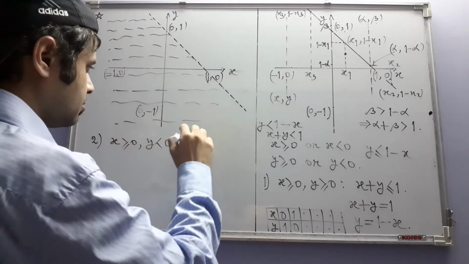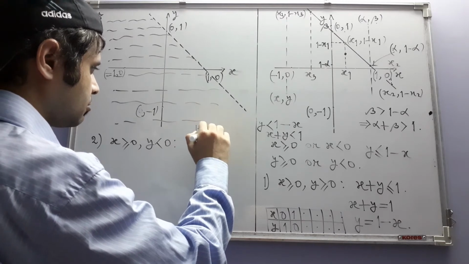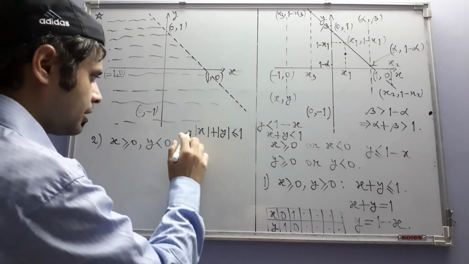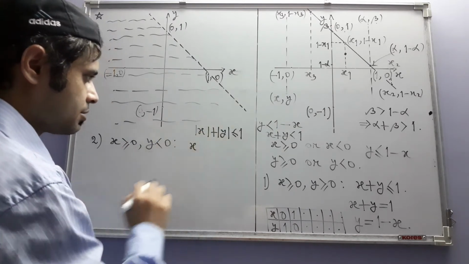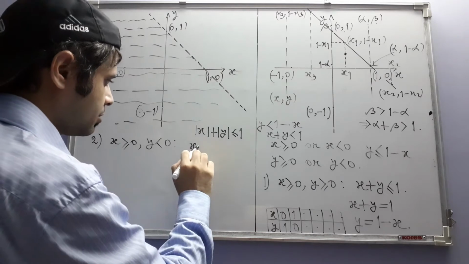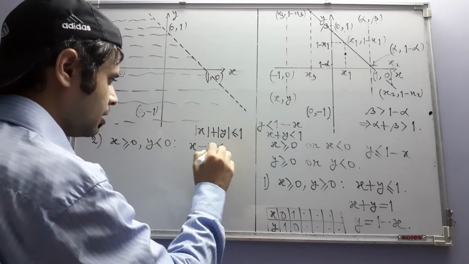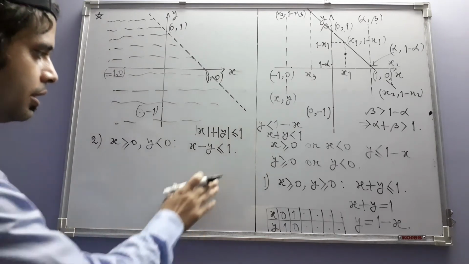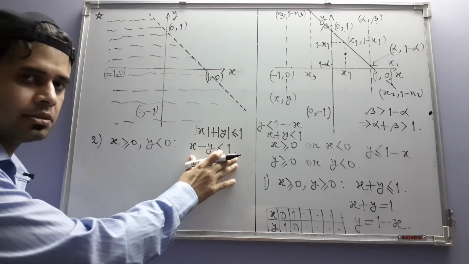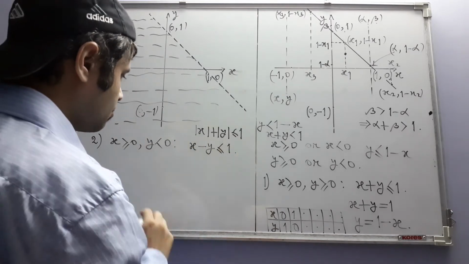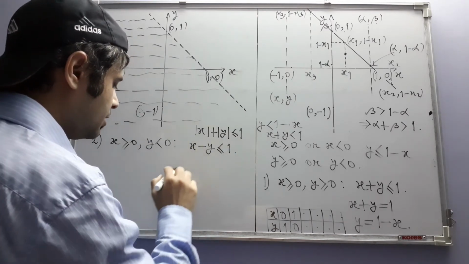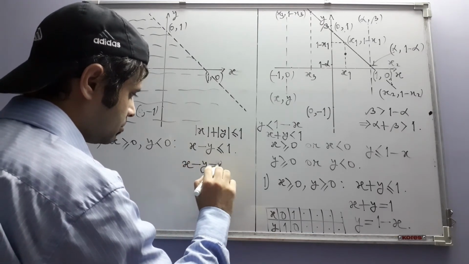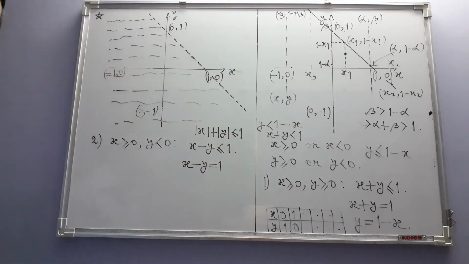In this case, this inequality will become what? x is non-negative, so the absolute value of x is x, y is negative, so its absolute value is minus y. Just like the previous one, here also we try to distinguish this region. So what will happen? Here we will have to consider the straight line x minus y equal to 1.